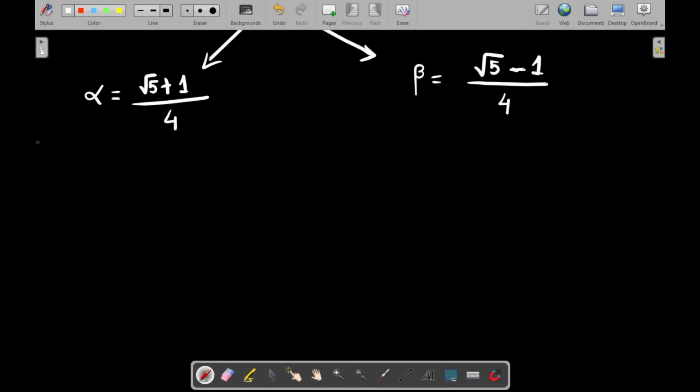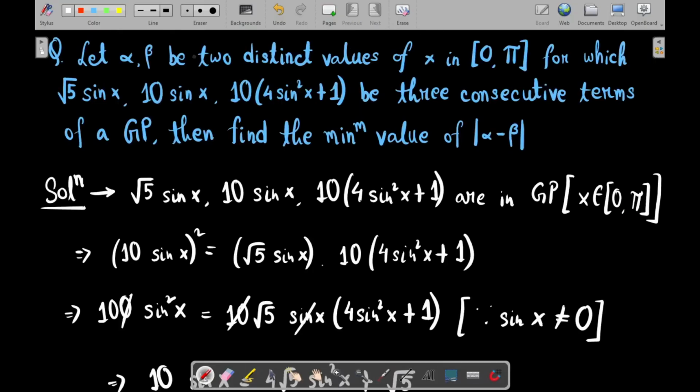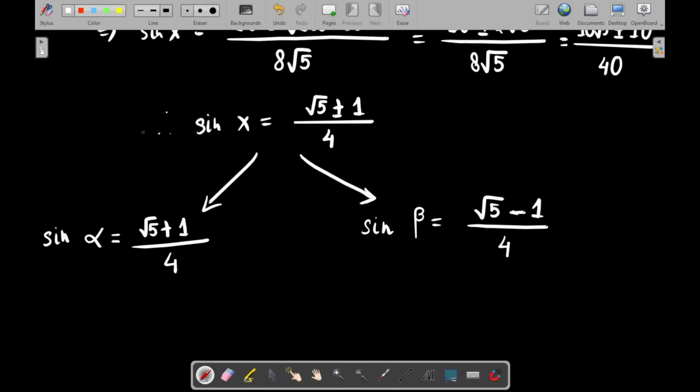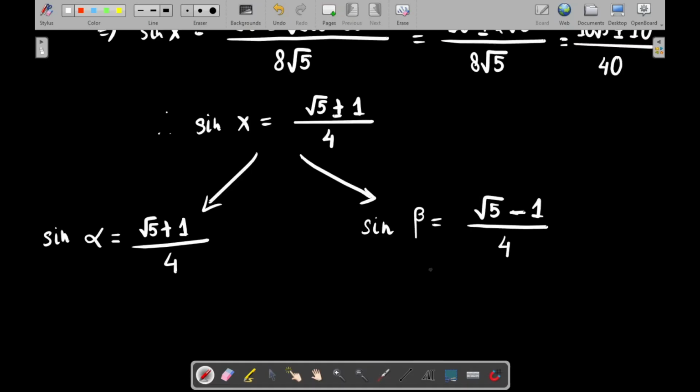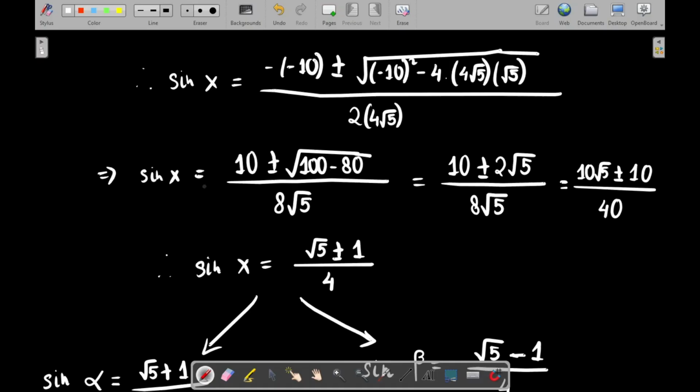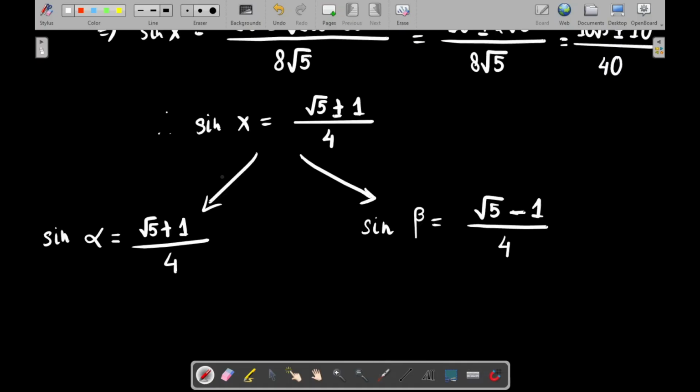Sorry, not alpha, this has to be sin alpha, since this was a quadratic equation in sin x, not x, right? So these two values have to be sin alpha and sin beta. We are not solving for x here, we are solving for sin x here.